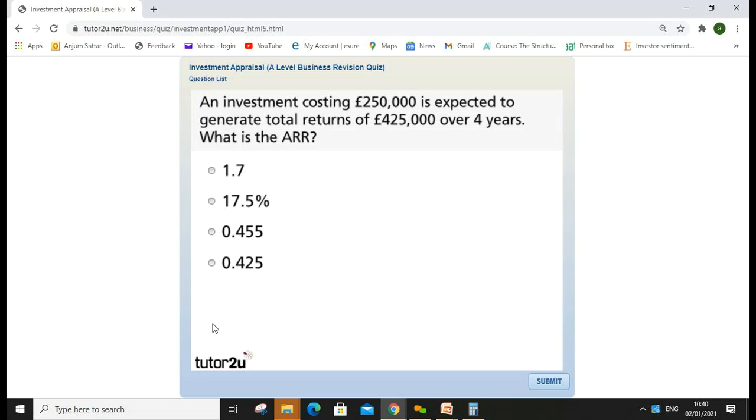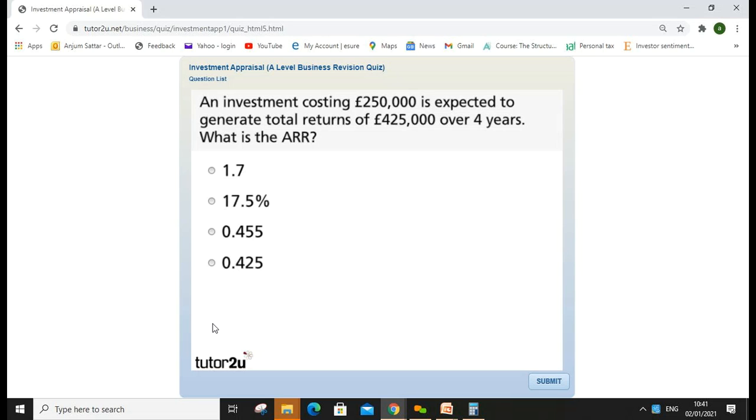So think: you invested 250 for 425, minus 250, divided by 4, and you get the average profit. Average profit divided by your initial investment times 100. So which one will it be?